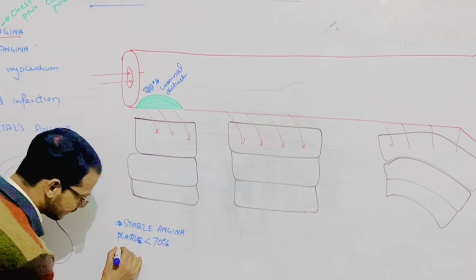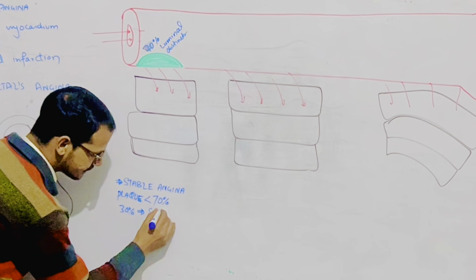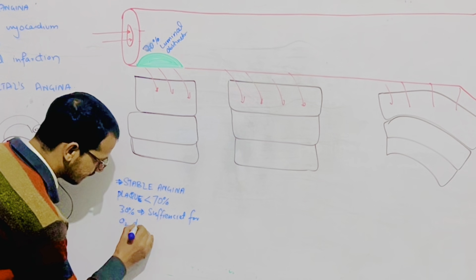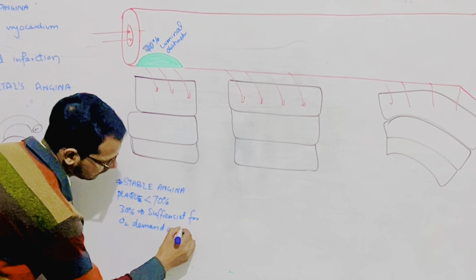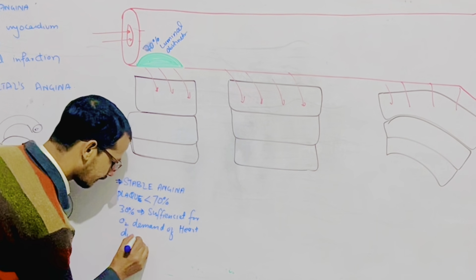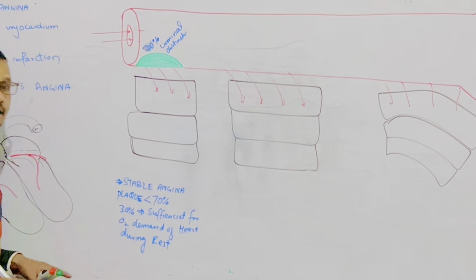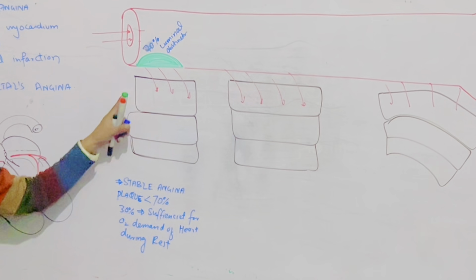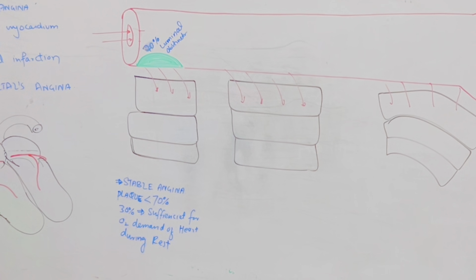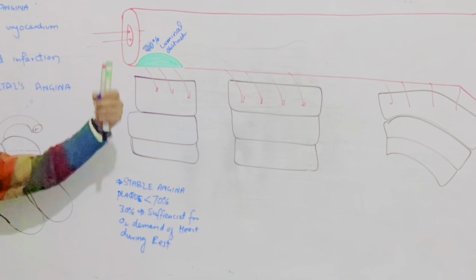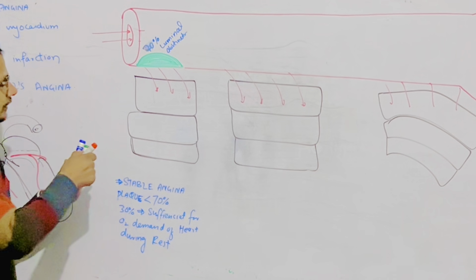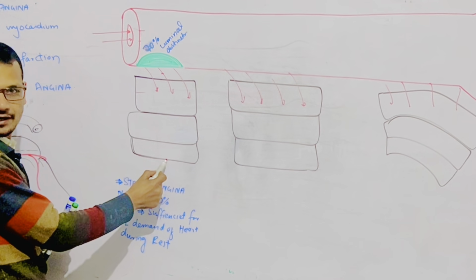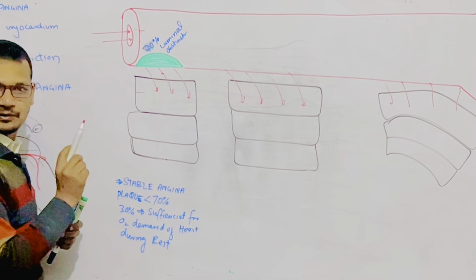In stable angina, if the plaque is less than 70%, the remaining 30% blood is sufficient for the oxygen demand of the heart during rest. It means that during rest, this patient will not feel pain or angina, because the blood flow is reduced more in the tissues on the endocardium or epicardium side.